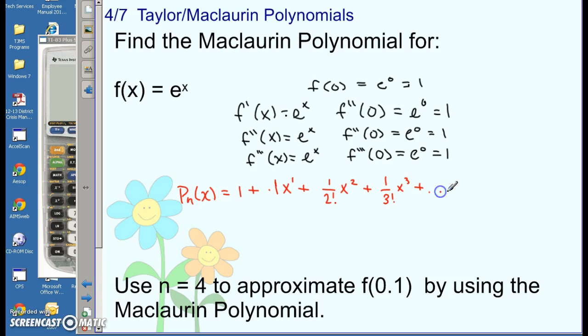And we can keep doing this, and we'll write the general term, which is the nth derivative of f of 0 over n factorial times x to the nth power.